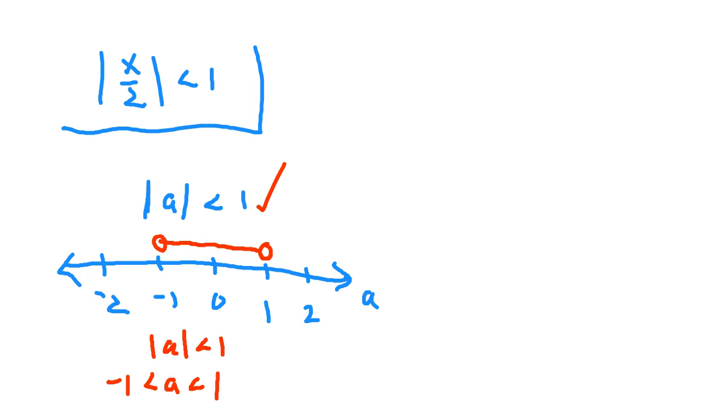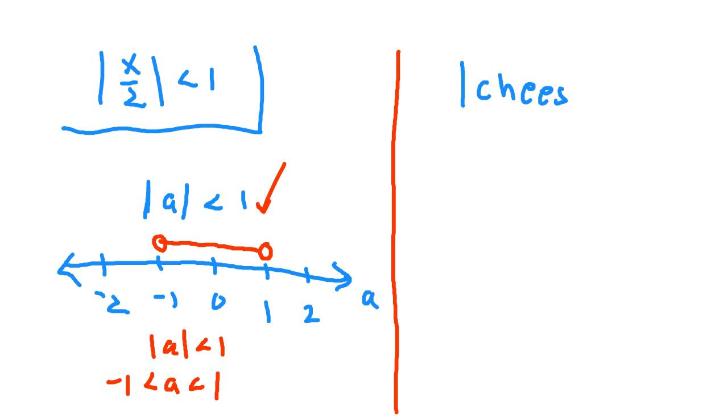Okay, how many remember doing these kind of inequalities, maybe in high school, or seeing these kind of inequalities before? Maybe you have, maybe some students likely would have. All right, let's say you have the absolute value of cheese less than 1.